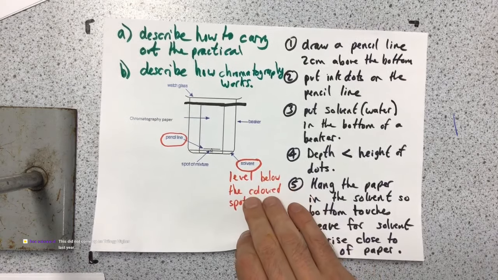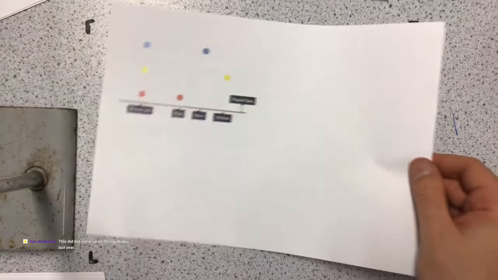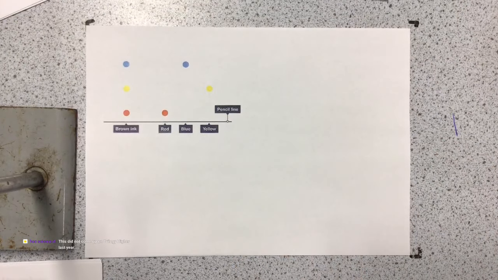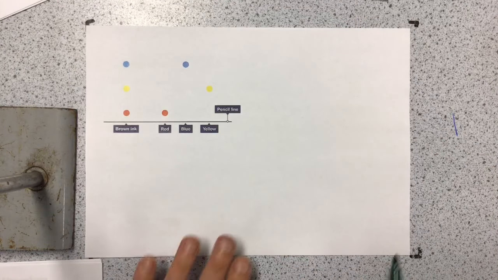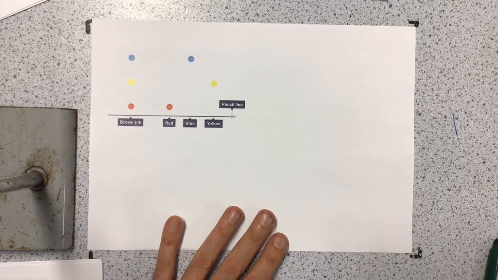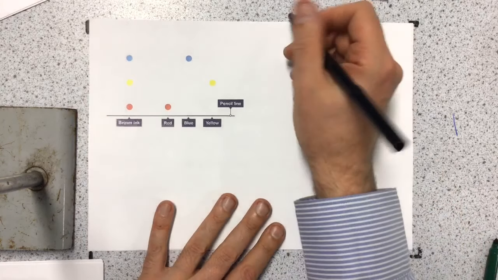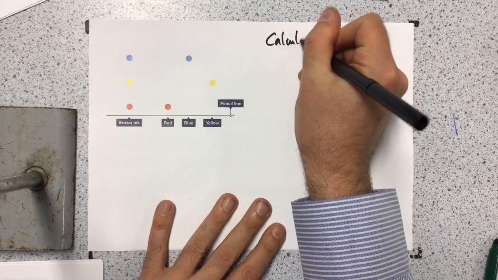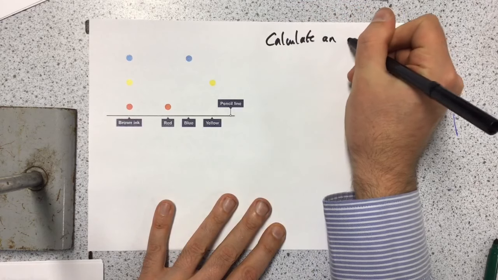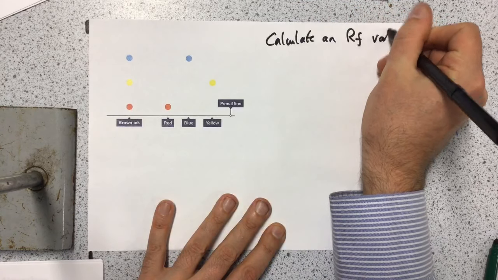So once you have set up your chromatography and you have allowed the solvent to rise up the paper, the next thing you will do is you will then calculate an RF value.